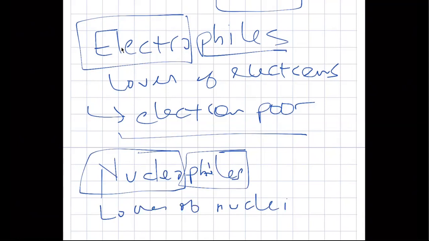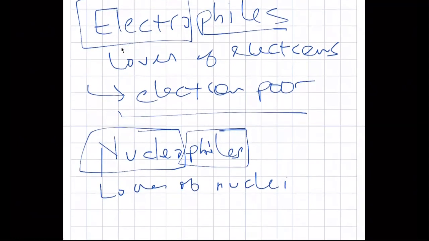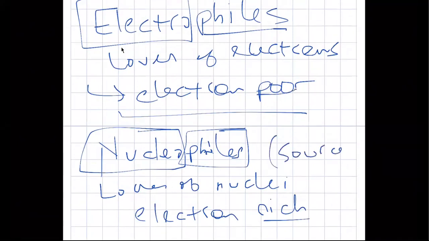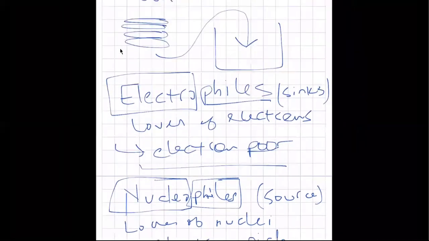So it loves positive charges or partial positive charges. So nucleophiles, instead of being electron poor, we say they are electron rich. Nucleophiles are sources. Electrophiles are sinks. So the nucleophiles bring dishes, the electrophiles take dishes, if you think about the source and sink concept.